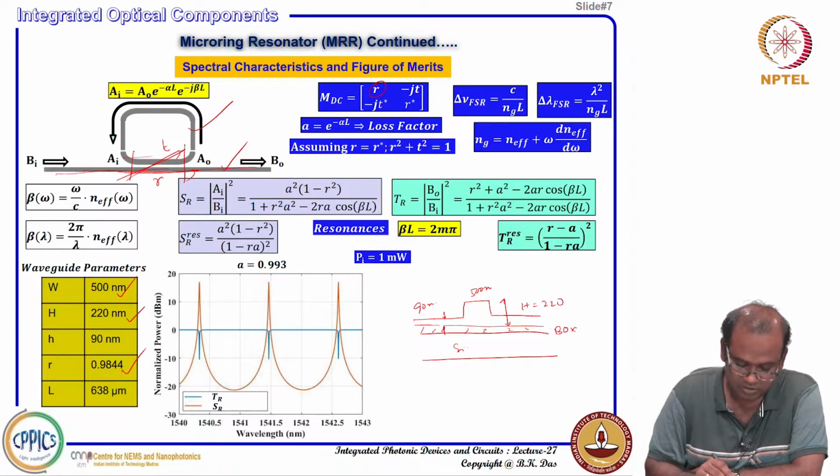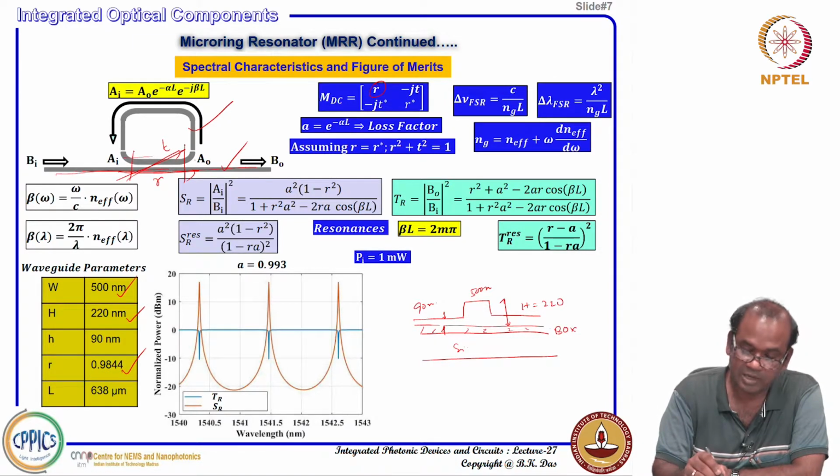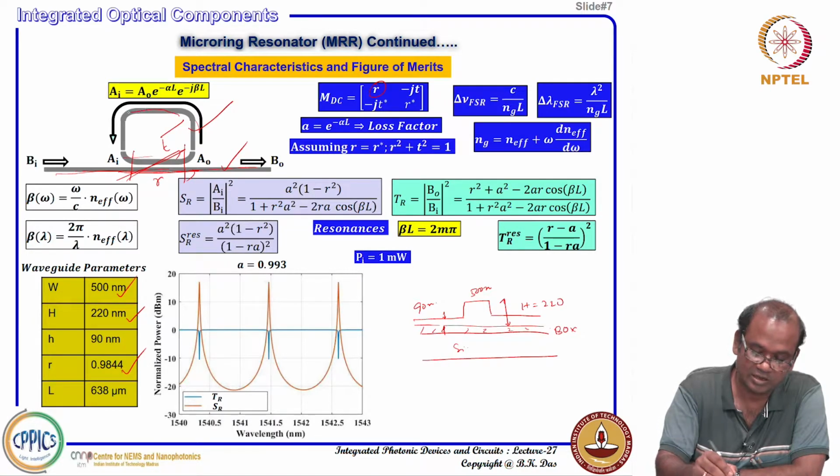That value is almost 98% amplitude electric field strength appearing in the output, and L, the total perimeter length, is 100, in a ring type configuration.